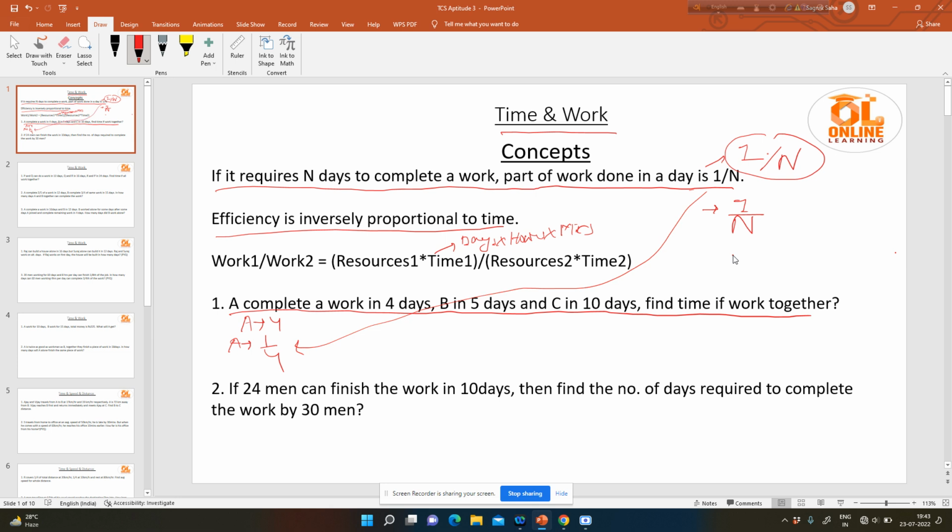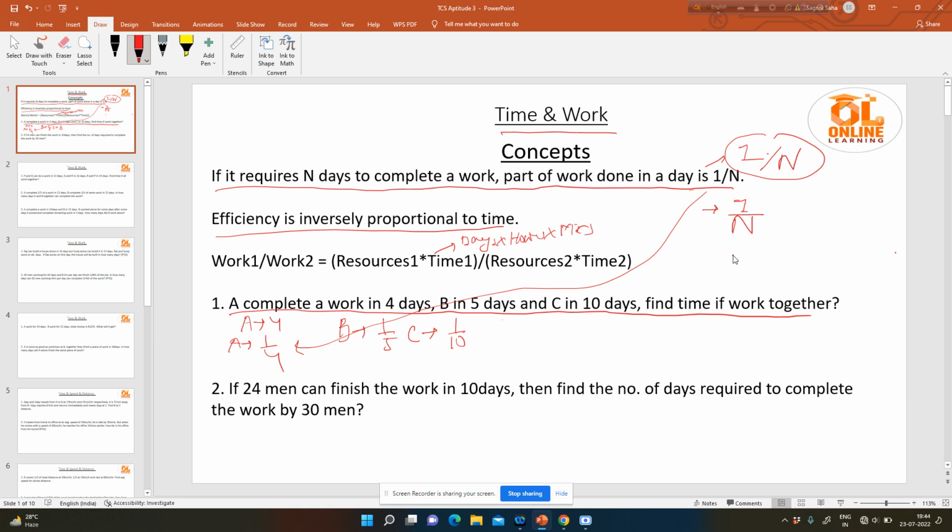In time and work problems, we have to convert the question to the part of work done in 1 day, that is 1 by n, where n is the number of days to complete the work. So part of work done by A in 1 day is 1 by 4, same for B it is 1 by 5, and for C it is 1 by 10.